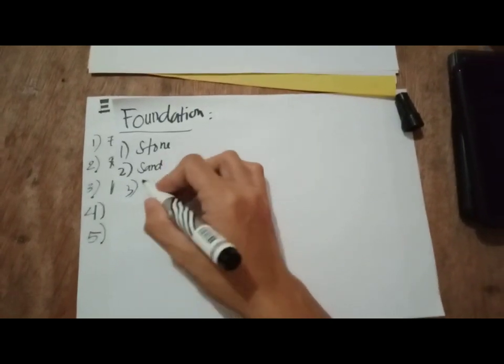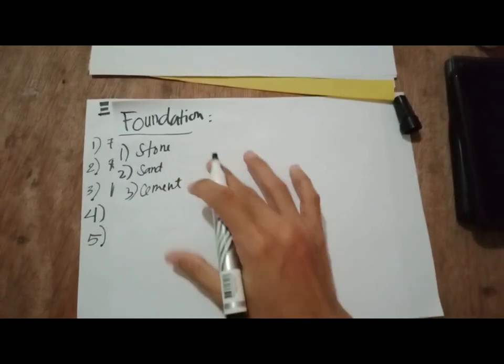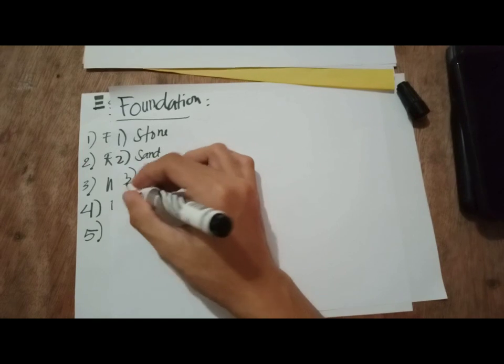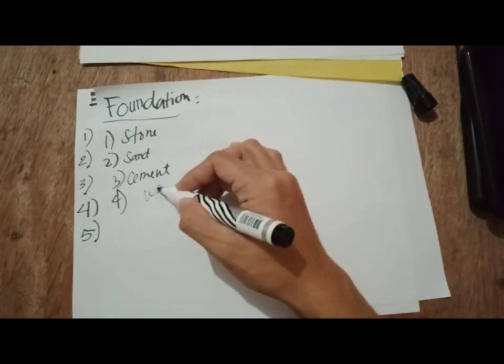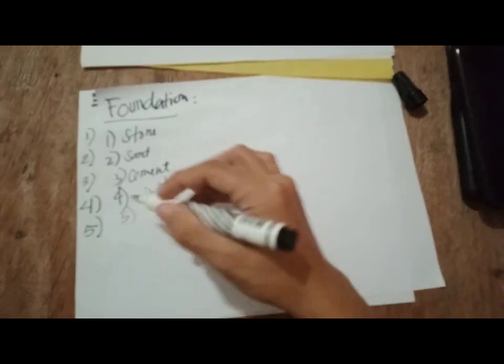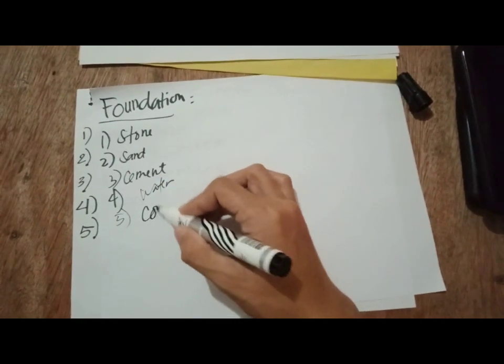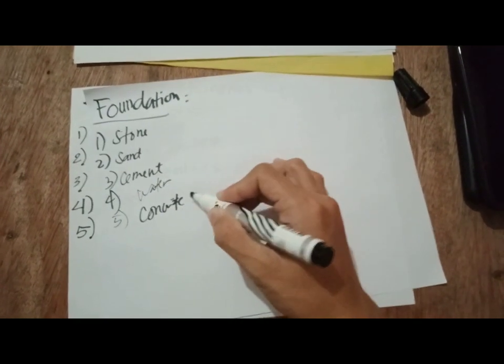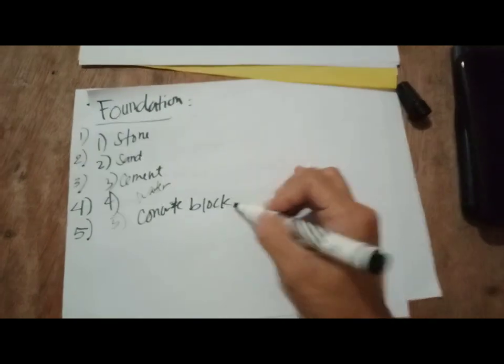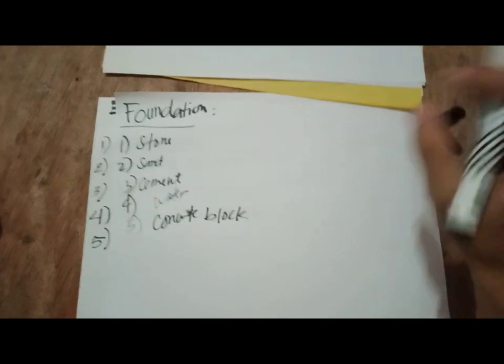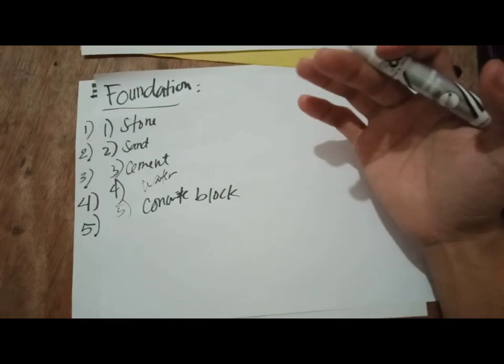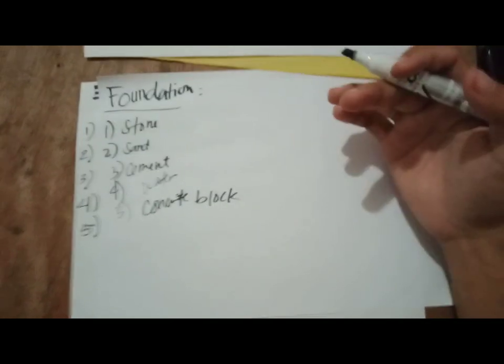Number 3, we use cement. Number 4, water, and also some additional, we have concrete block. So meaning to say, the common material used for the construction of our building foundation is concrete.